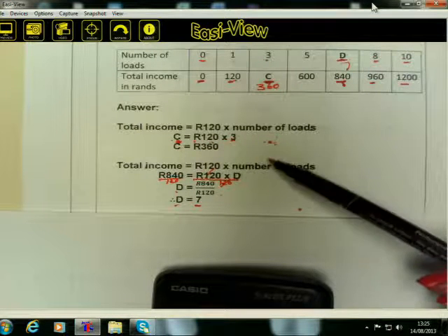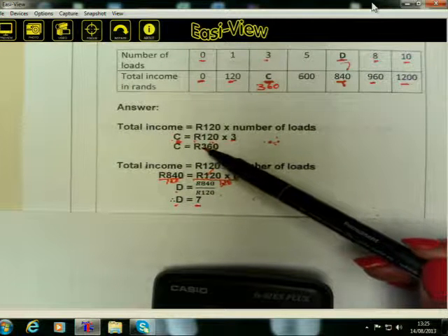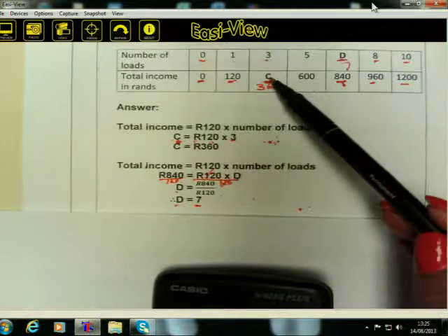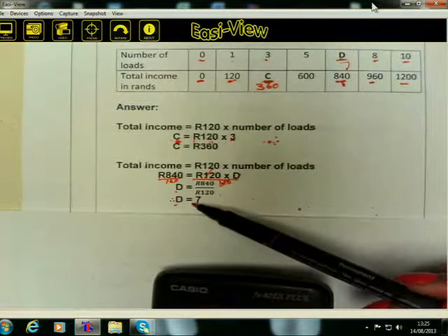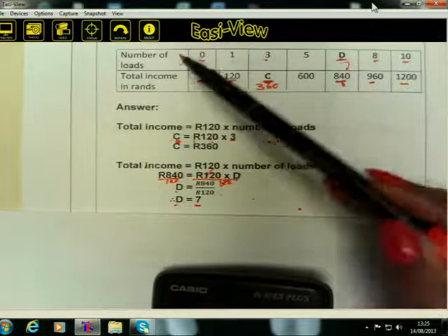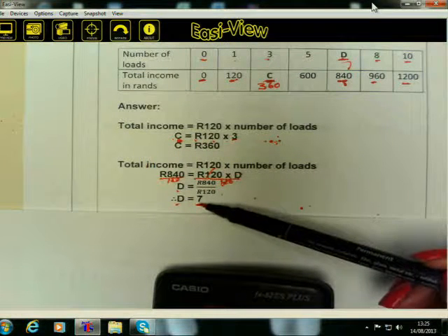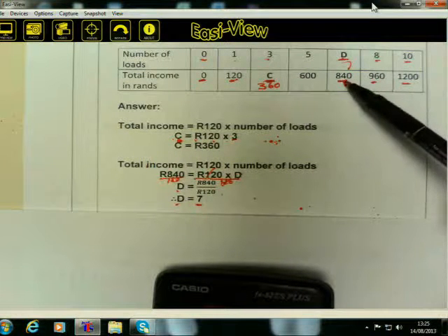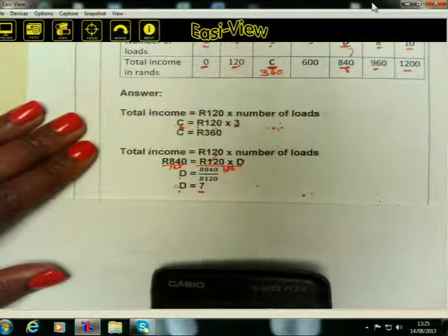Do you see that the two calculations are different? The first one, we're calculating the total income, and if you look there, the C is on the total income. The second one, we're calculating the number of loads, and if you look there, D is on the number of loads. So to transport 7 loads, Pakiso will get an income of 840. I hope you got that one right.